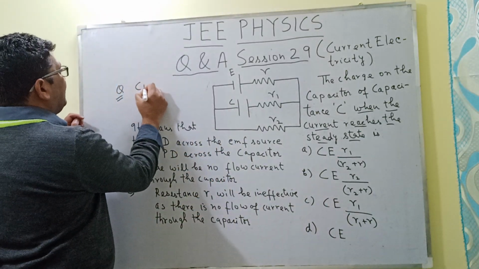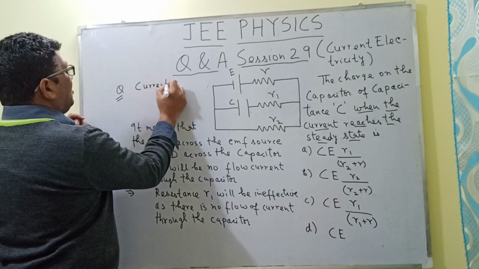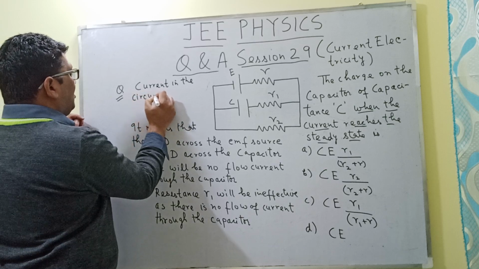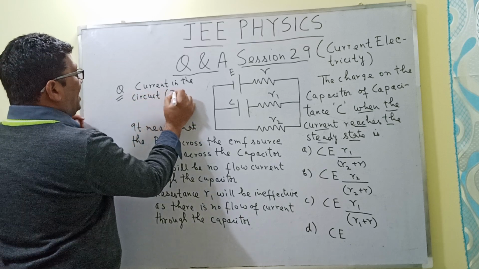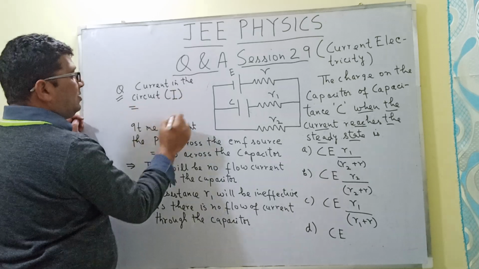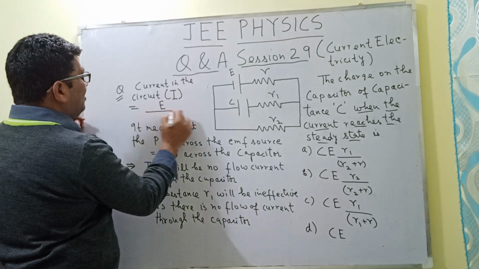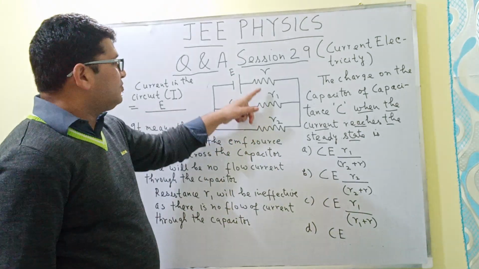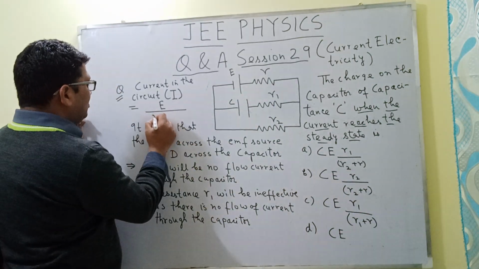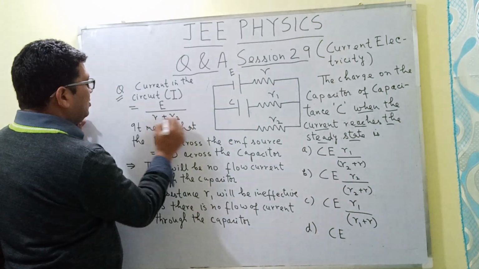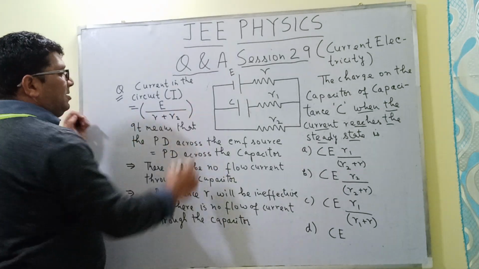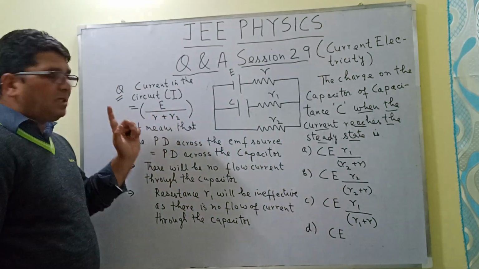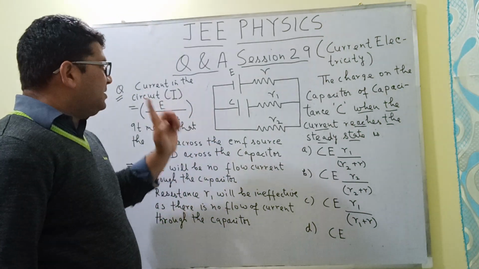So the current in the circuit, let us say I, will be equal to E divided by the total resistance. Since this resistance R1 is ineffective, the total resistance will be equal to R plus R2. So this is the current in the circuit, which is given by E divided by R plus R2.